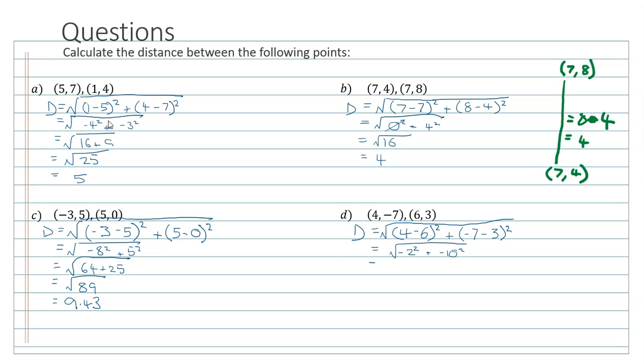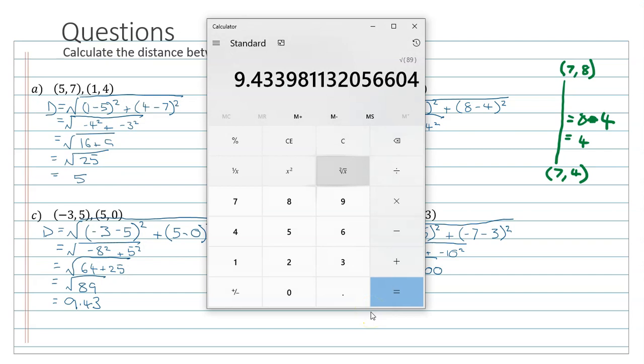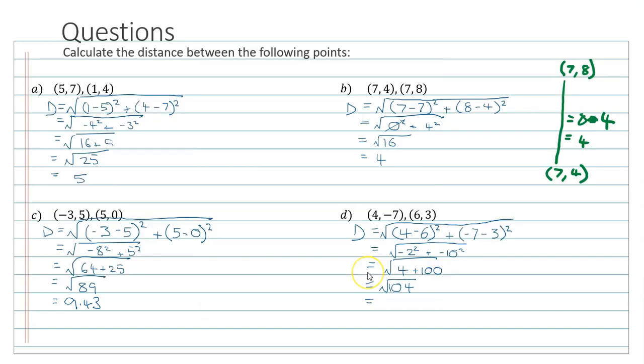The negatives disappear, so it becomes 4 plus 100. It's the same as writing the square root of 104. And bringing my calculator up one more time, the square root of 104 is 10.198.